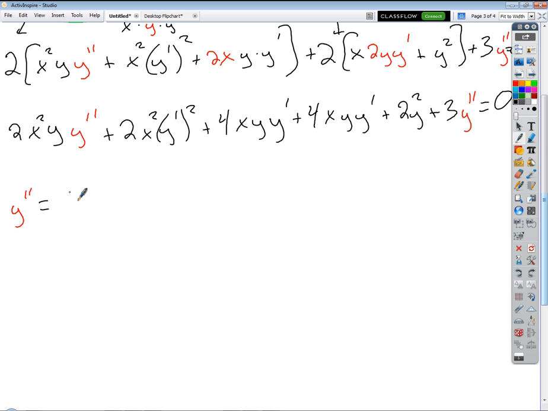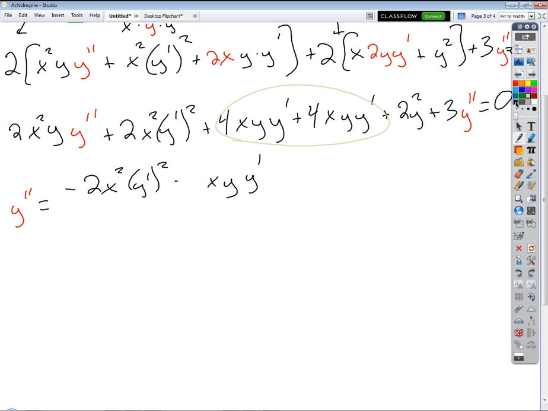Negative 2x y prime squared, minus 2x squared y prime squared, minus 8x. Oh, those are the same, like terms, how about that?